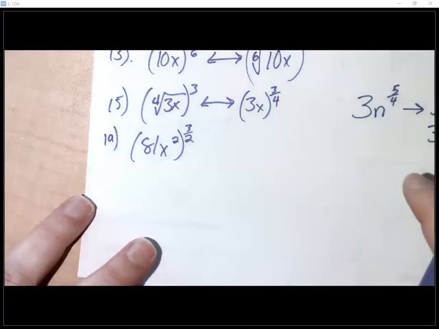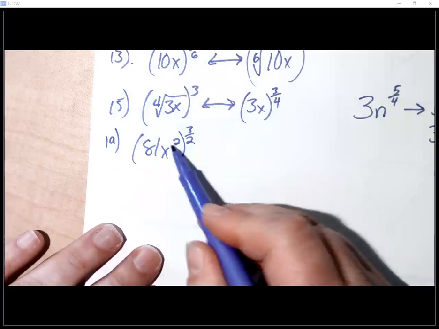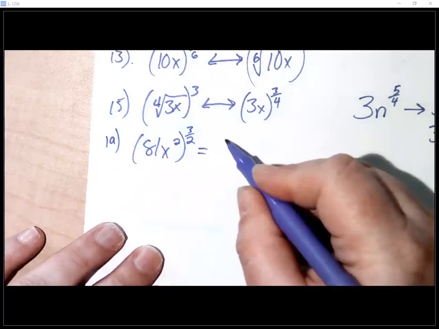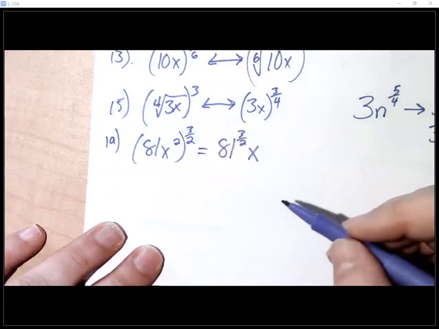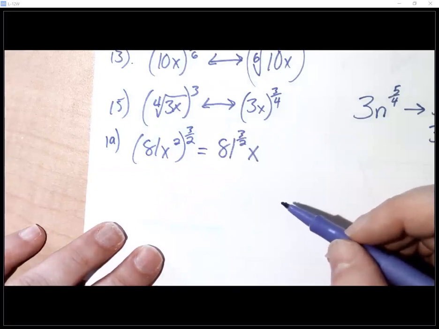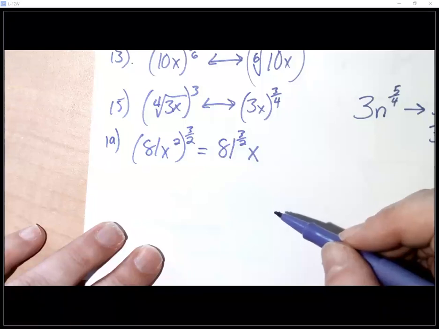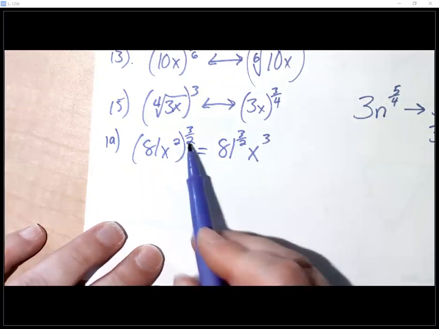This is all multiplication, so this is when I am allowed to give everybody that exponent. So that's now 81 to the 3/2. X to the what? Three. Yes. You're multiplying the exponents. 2 times 3/2 is just 3.